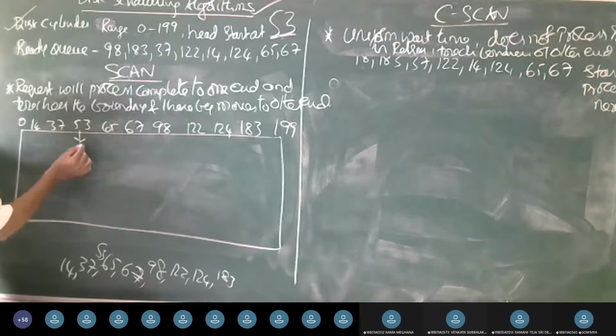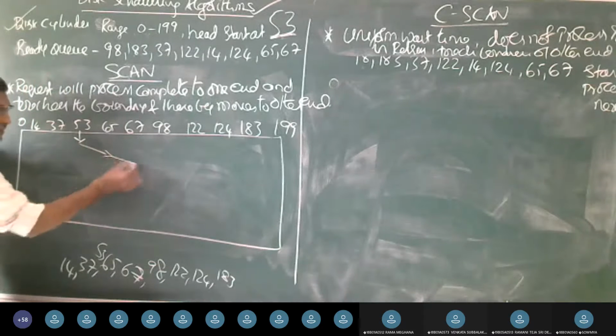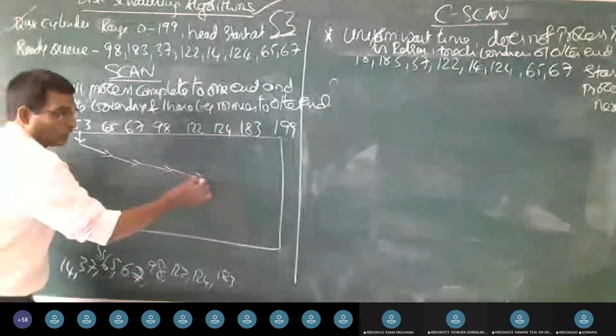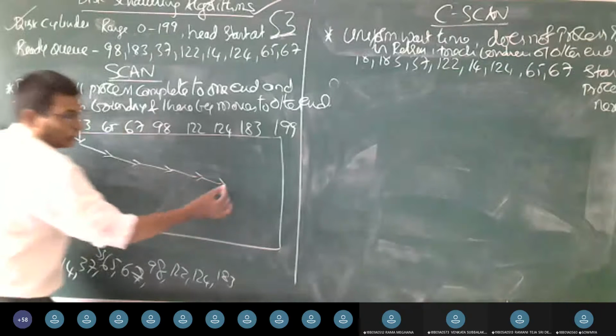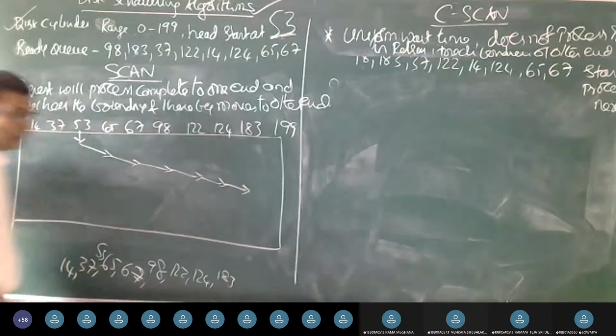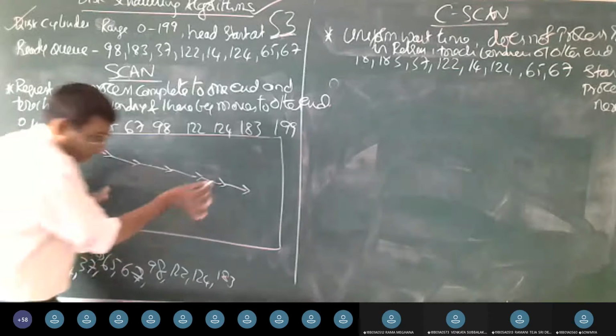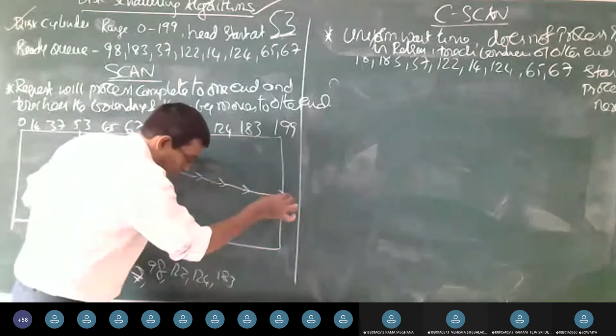So first it moves at 53. It goes to 65, goes to 67, process 98, process 122, process 124, process 180, and remember, this is important: it touches the boundary.